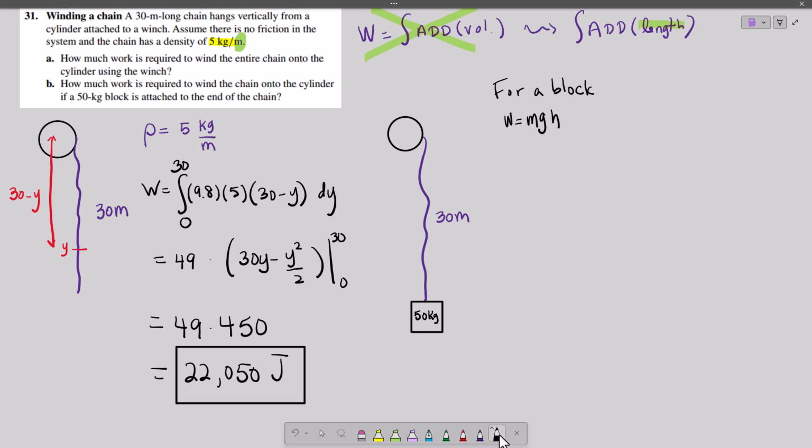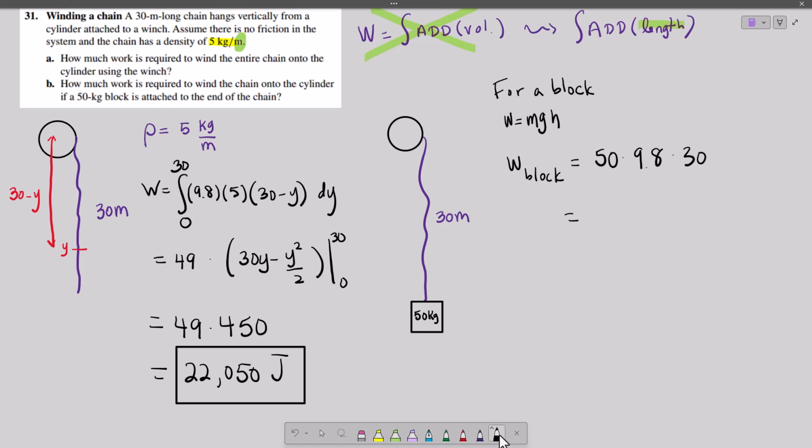So all we have to do, if we are lifting the block, the work done in lifting the block is just going to be the evaluation of this. So for the block to be lifted, we're going to do mass, which is 50 kgs, multiplied by gravity, which is 9.8, multiplied by the height, or the distance traveled by the block. We're going to move it 30 meters.